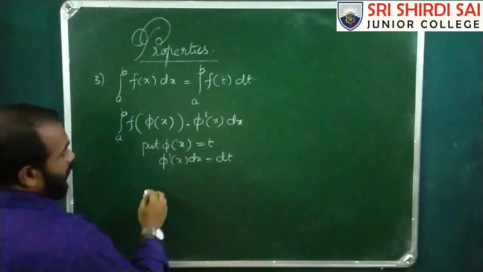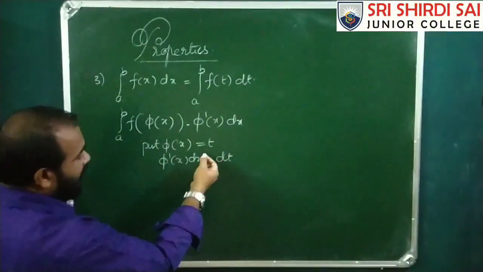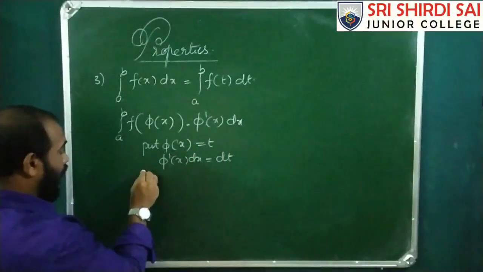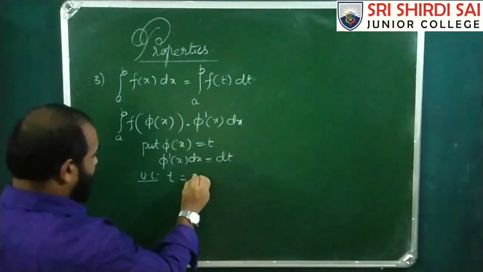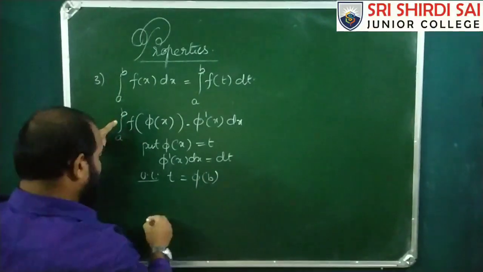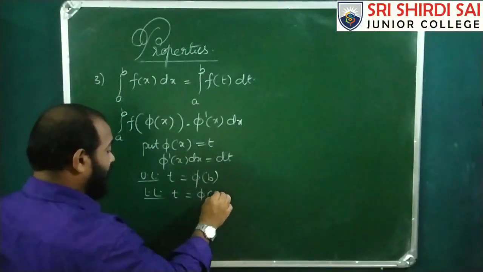Now change the limits for the new variable t. The upper limit t is equal to phi of b, and the lower limit t is equal to phi of a.